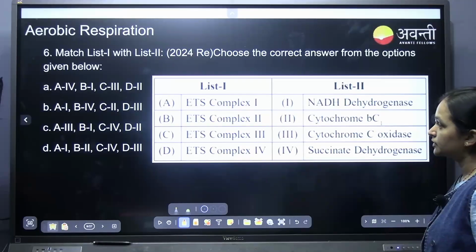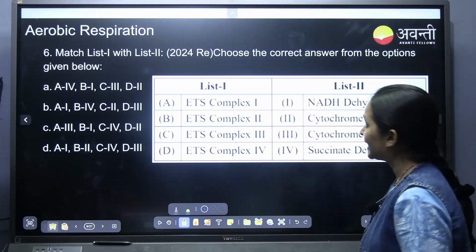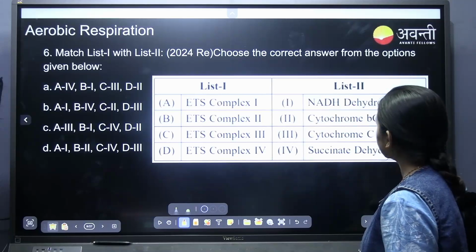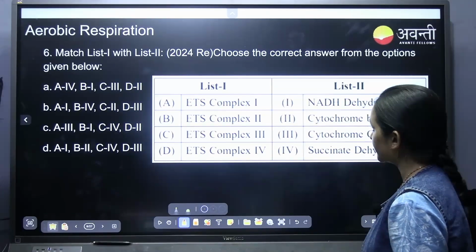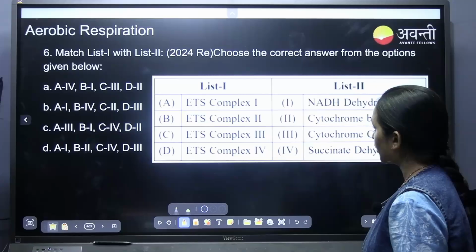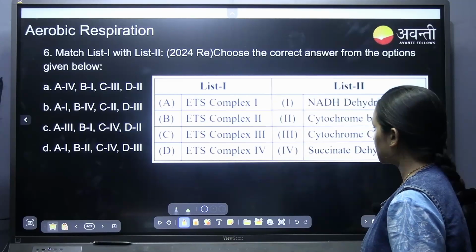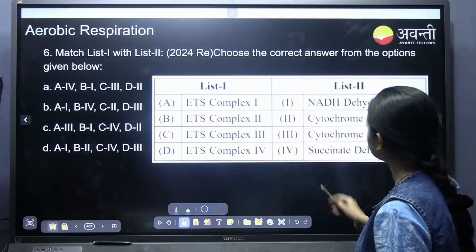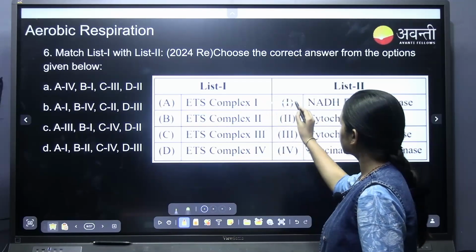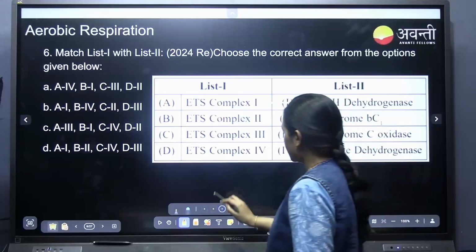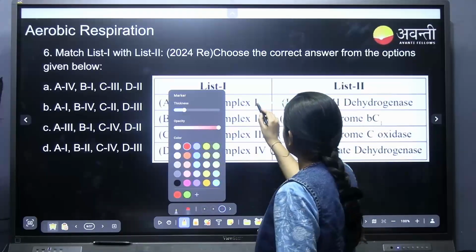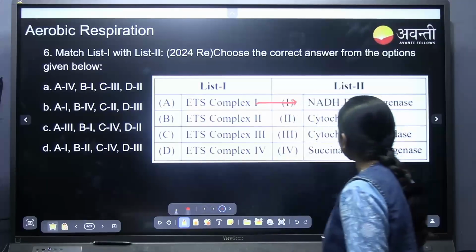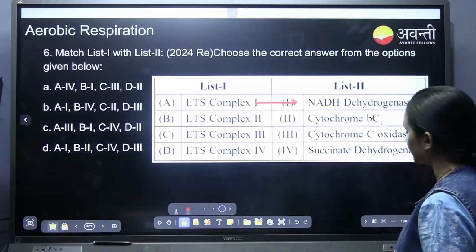Aerobic respiration, match list 1 and list 2. Choose the correct answer from the options given below. We need to find the complexes of the electron transport system. Complex 1 is NADH dehydrogenase.